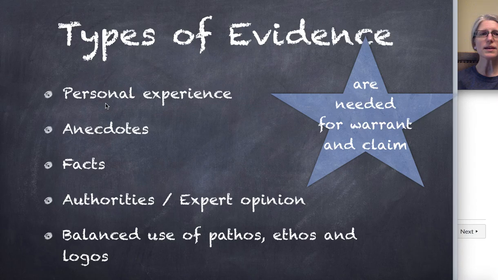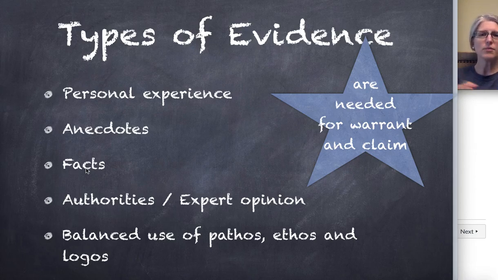So if you can mix some personal experience, some anecdotes about other people, and some facts all together, then your facts validate your personal experience or those stories about individual people, and those stories about individual people validate the statistics that you're giving us as well.